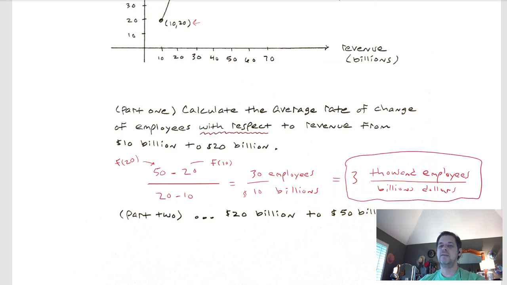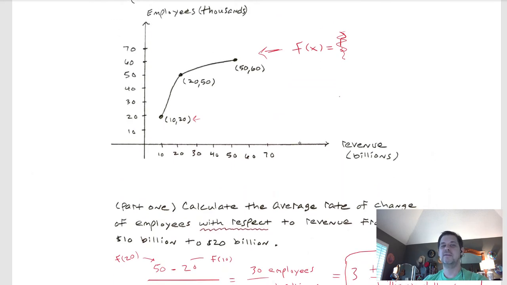So let's think about the number and the units this way, because as I told you, I wanted this to be an example of what the average rate of change tells me. I calculated the average rate of change here. I got 30 over 10. I added the units after that. I said up here, these are the y-coordinates for the points, in employees in the thousands. So this is 30,000 employees.